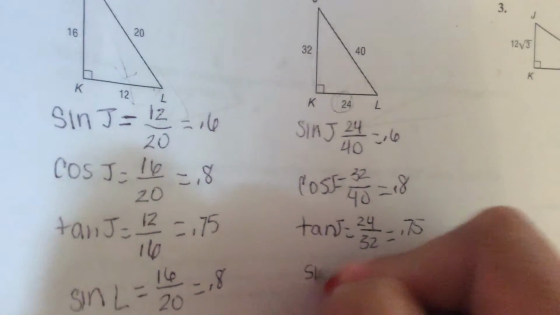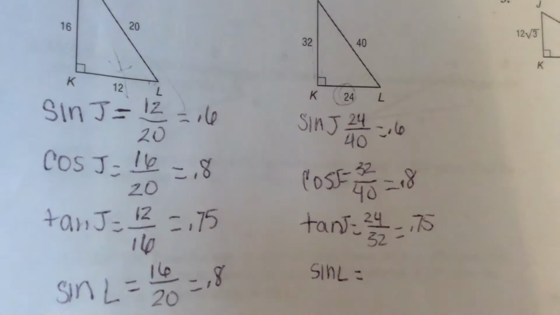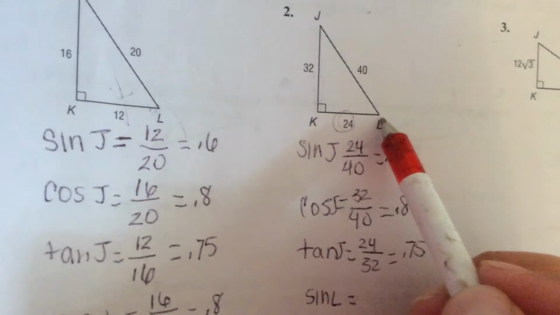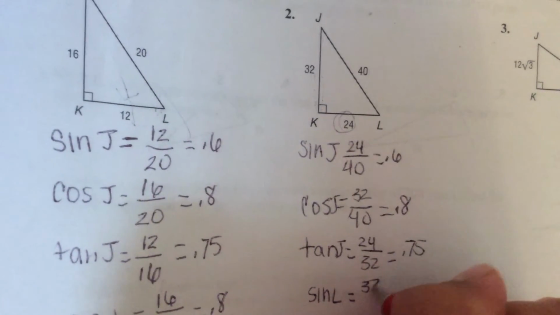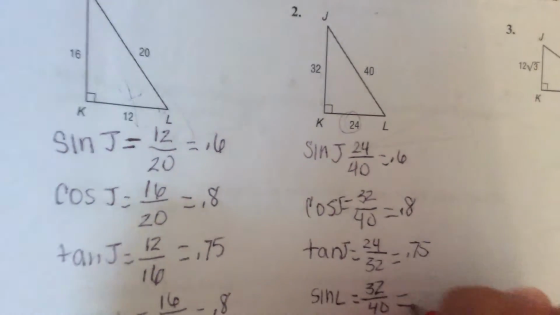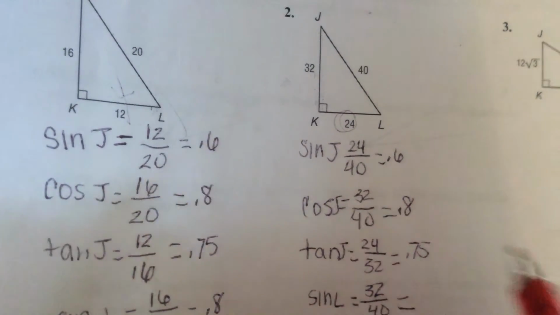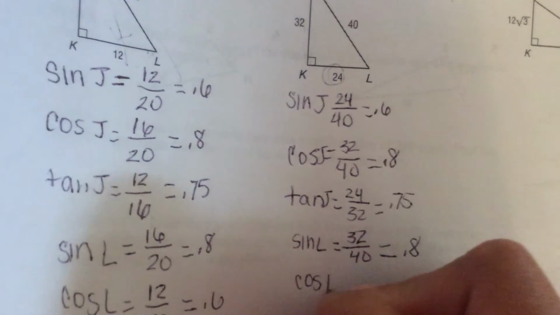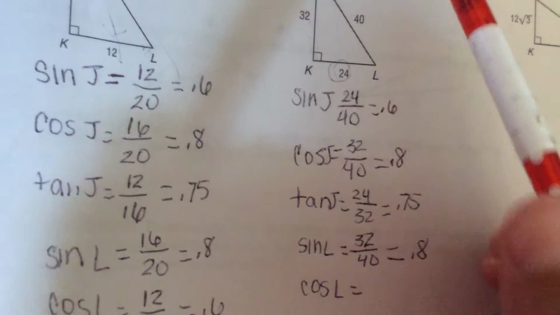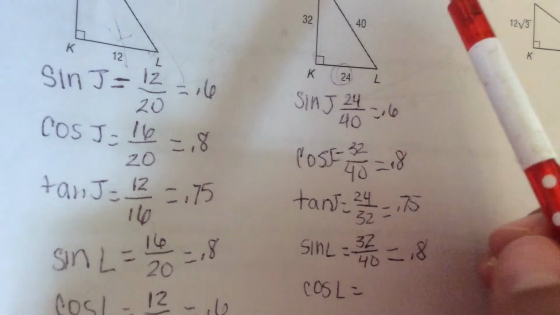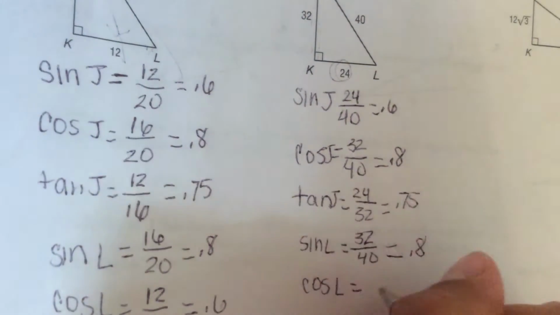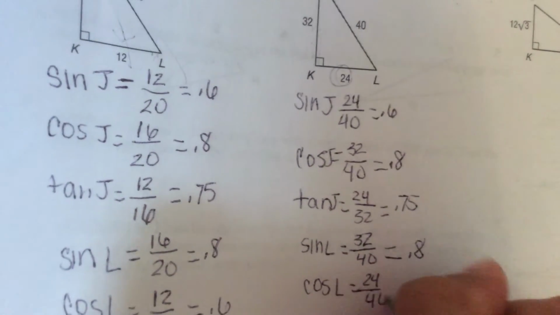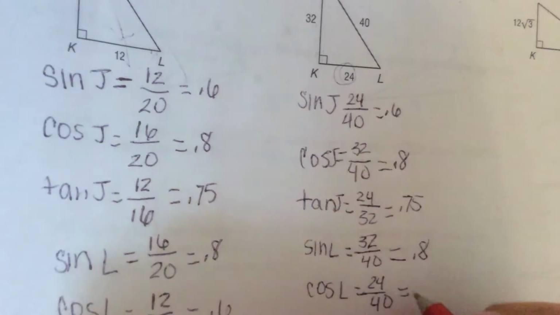Go on to the sine of L. We look at L. Opposite is 32 and hypotenuse is 40. We know 32 over 40 gives us 0.8. The cosine of L, that's adjacent over hypotenuse. So 24 over 40. We know that is 0.6.